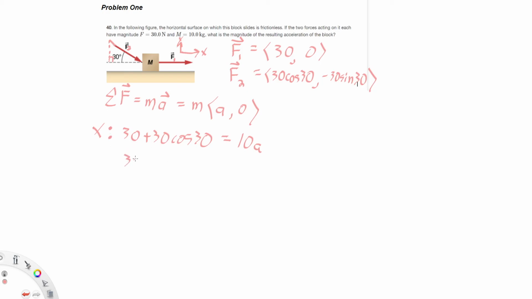So we have 30 plus 30 square root of 3 over 2 equals 10a. Divide everything by 10, and we have 3 plus 3 square root 3 over 2 equals a. So there is the magnitude of the acceleration of our block.